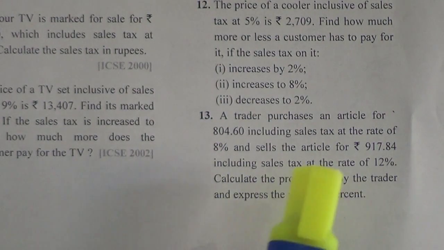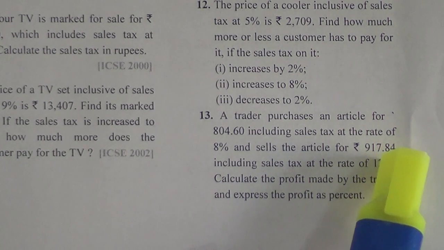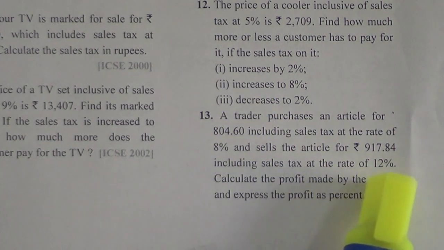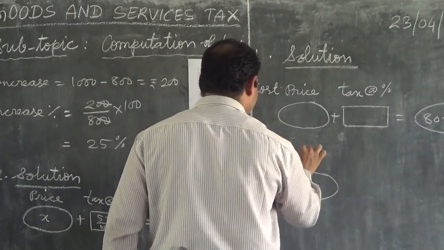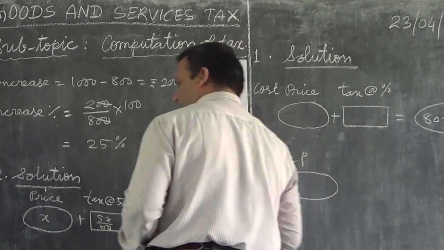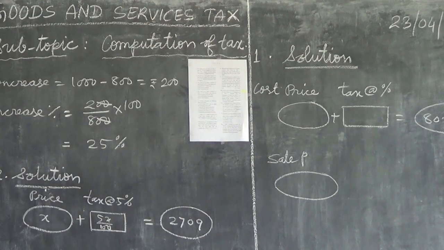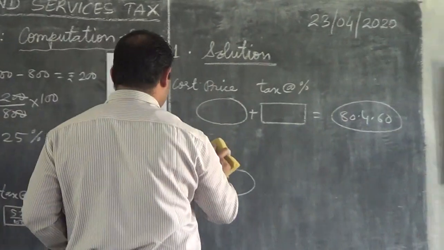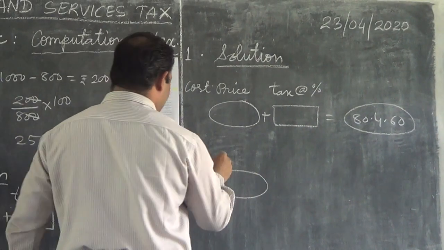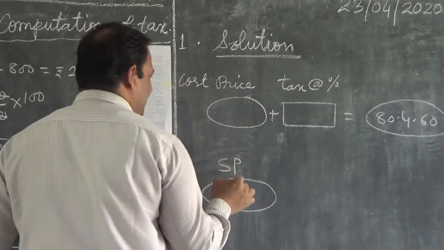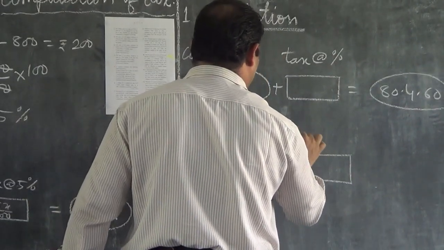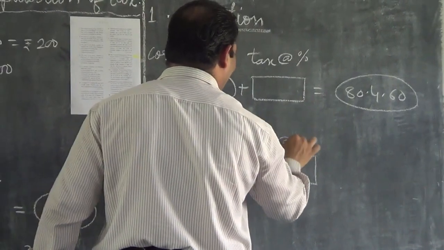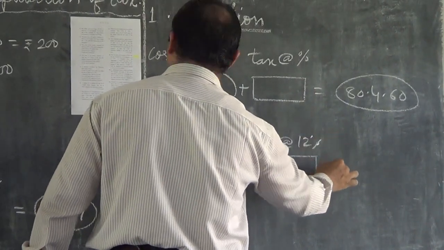Then he sells the article for 917.84 including sales tax at 12%. Then here I will again draw a model, that is sale price or selling price. It's better to say selling price, or simply you can write SP, then plus tax, SP plus tax at 12% equals how much?